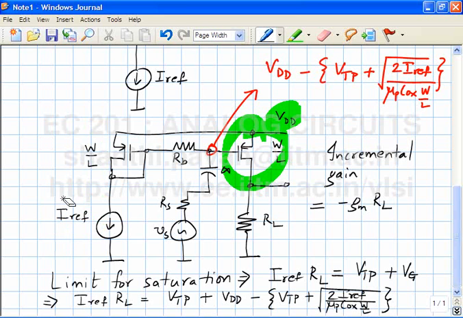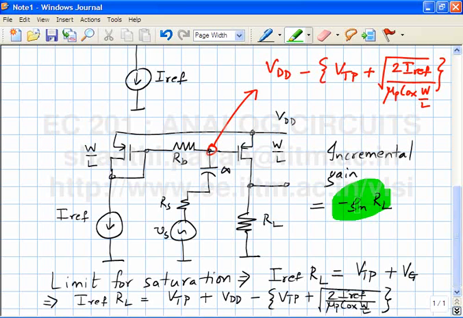Can I go on increasing RL and expecting to get more and more gain? The gain is minus GM RL. What will happen if I go on increasing RL in the greedy hope of getting more and more gain?